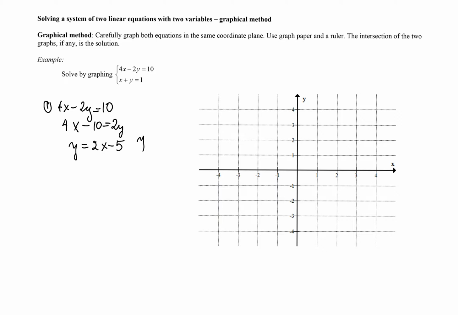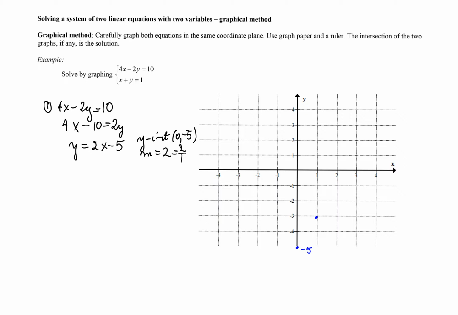So this equation has y-intercept (0, negative 5), and the slope is 2, or 2 over 1. So we'll start with plotting the y-intercept, (0, negative 5), and the slope is 2, so we're going to rise 2 and run 1.